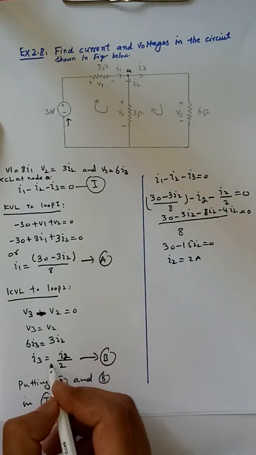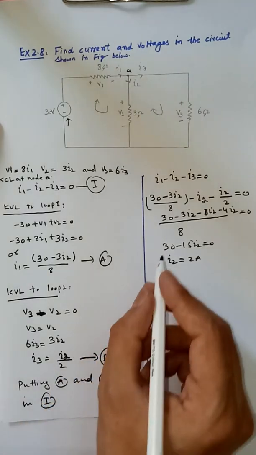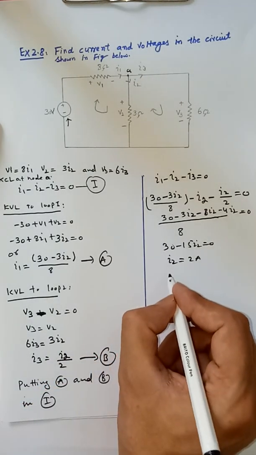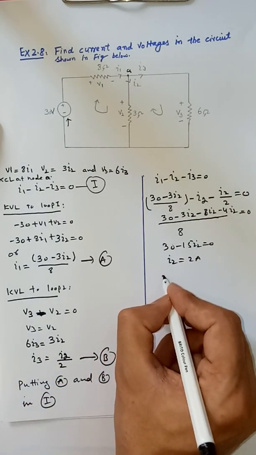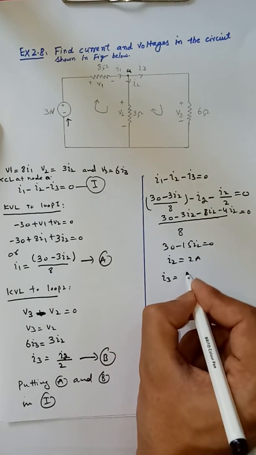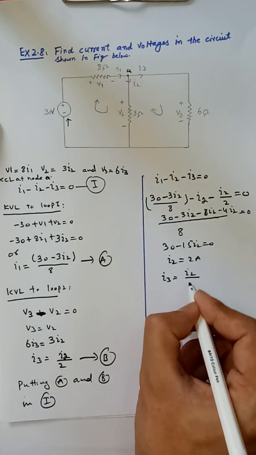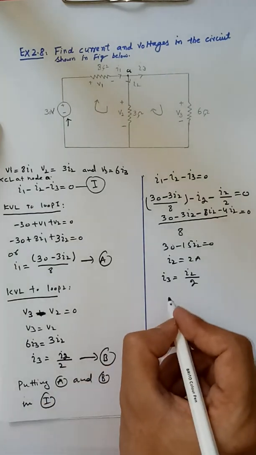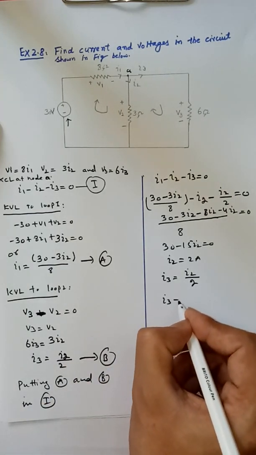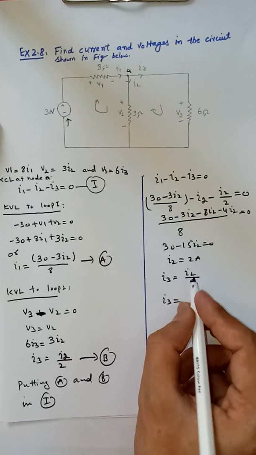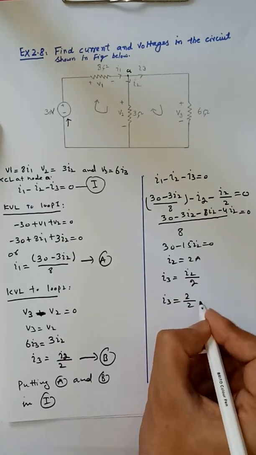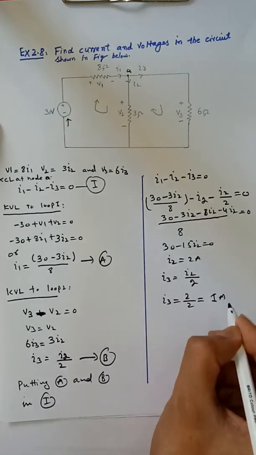Putting I2 in equation B, we get I3 equals 1 ampere. As we know, I3 equals I2 divided by 2 from equation B, so putting the value of I2, 2 ampere by 2, I3 is 1 ampere.